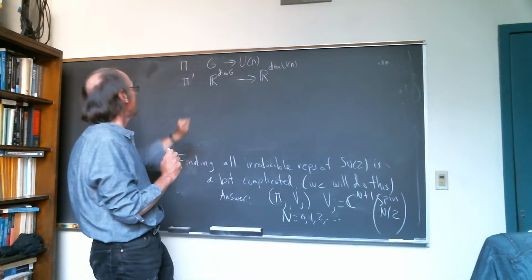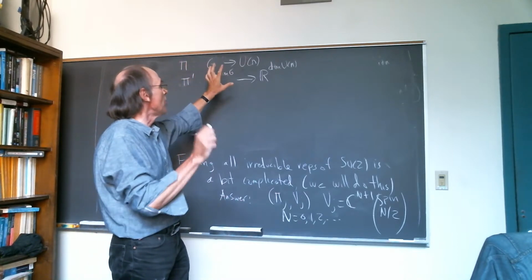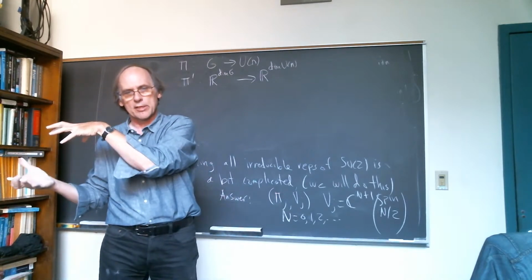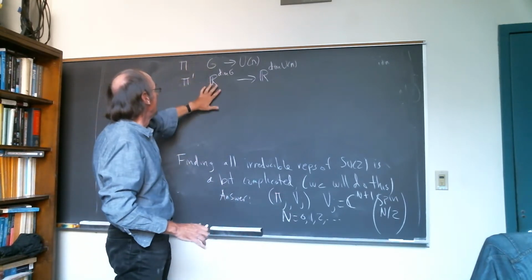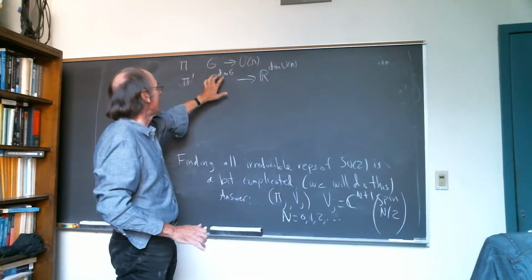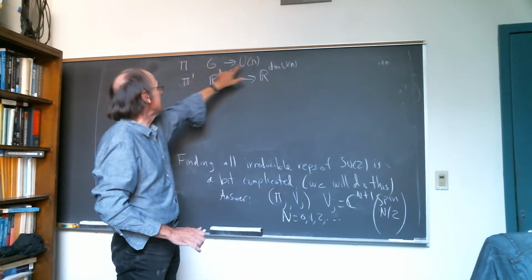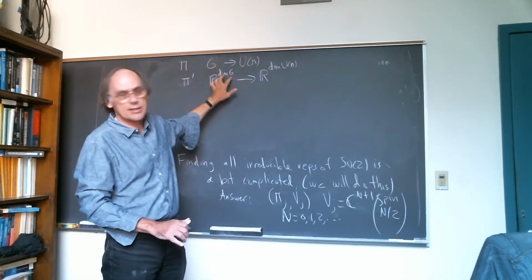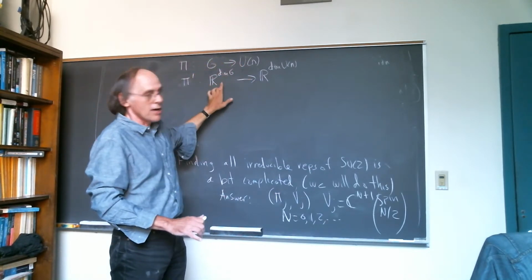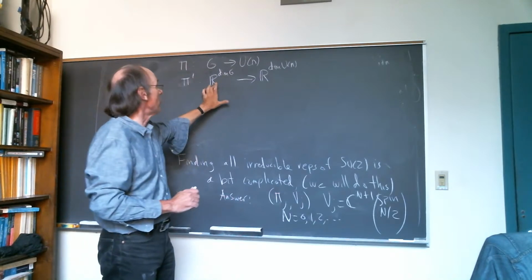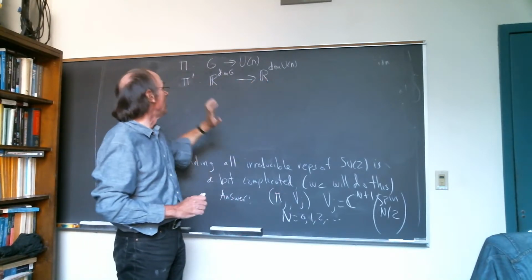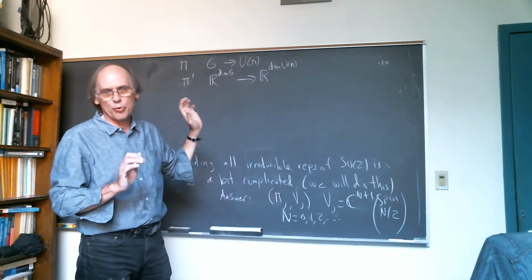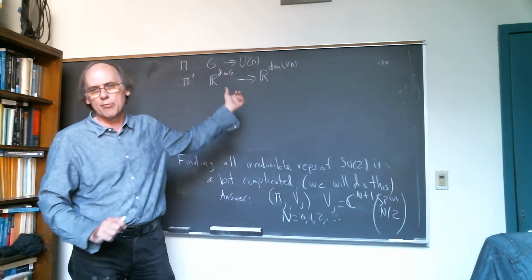Even though these things are acting on complex representations on complex vector spaces, the tangent spaces to these groups are not complex vector spaces. So they're real vector spaces. It becomes confusing, and I'll say a lot more about it later.